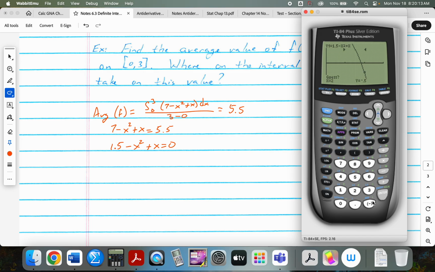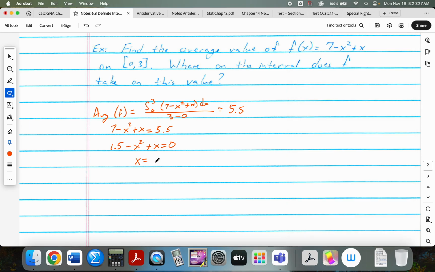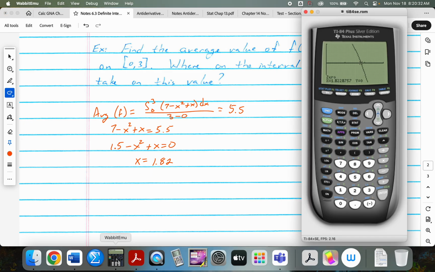These are always fun to guess. I'm going to guess 1.83. That was a really good guess. It was 1.822 or 1.823.